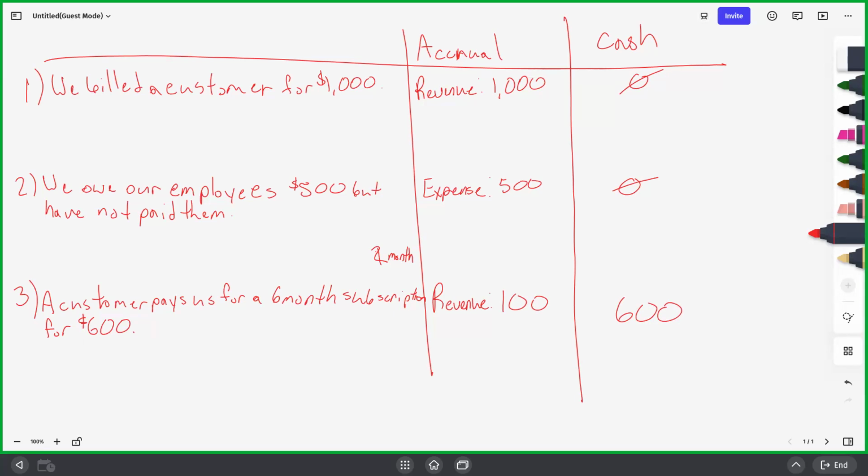But as far as unearned revenue goes, we have to recognize it every time we perform the service. So for number 3, month 2 has passed, meaning month 1 we have done and gone over, meaning we have earned $100 of revenue. As for the cash, they just saw 600 and said, thank you.